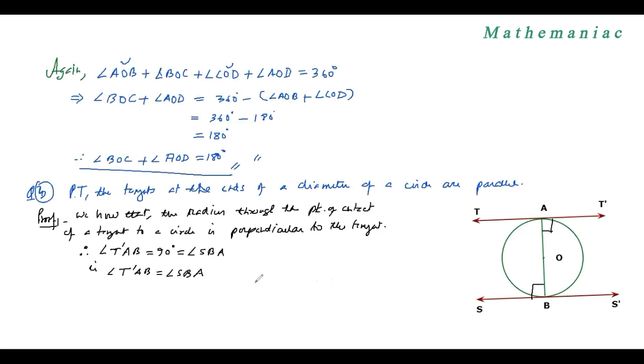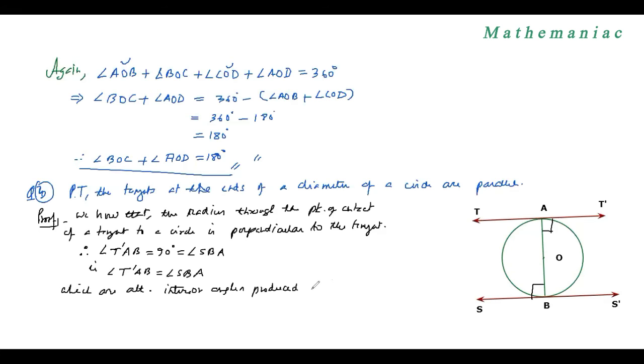And they are equal. Alternate angles are equal means the lines which were already there, intersected by the transversal, must be parallel. So we'll write which are alternate interior angles, right? Produced. When is it produced?